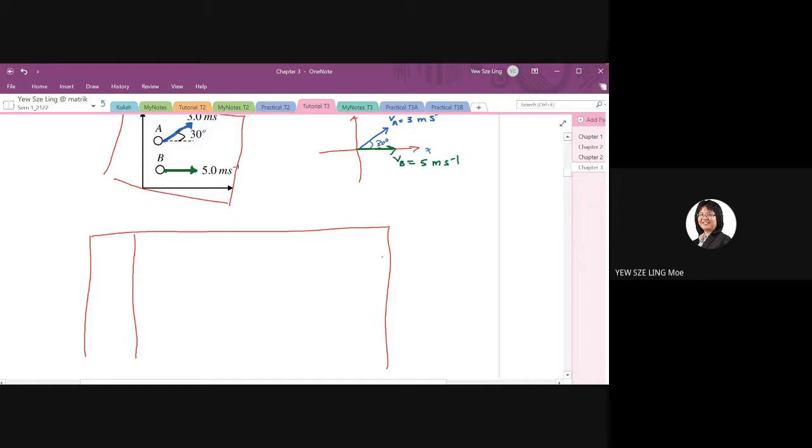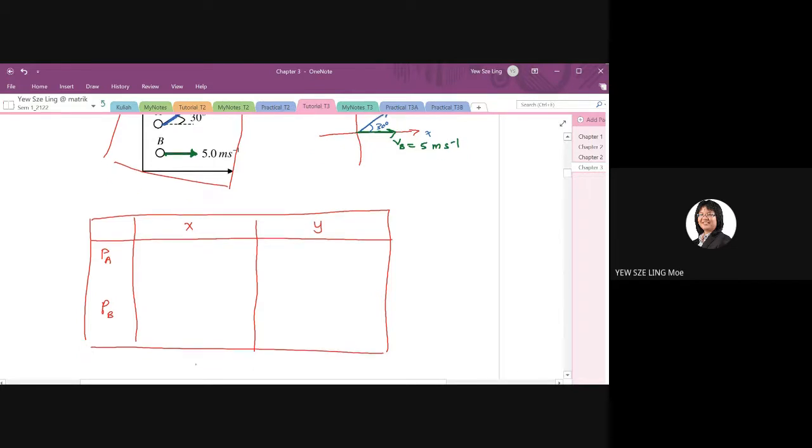I have an X component and a Y component. This is my PA, momentum for object A, and this is my PB, momentum for object B. And then this would be the total momentum, so the summation.